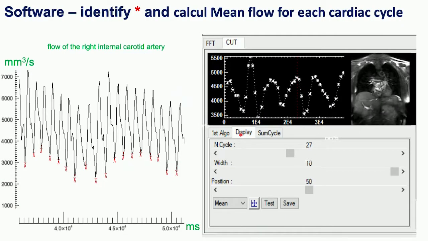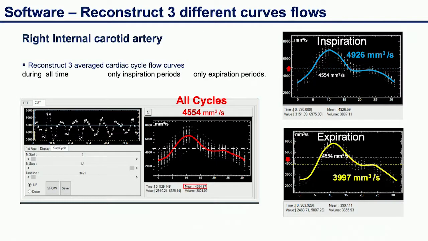Next step: because we have also recorded the breathing signal and the cardiac signal, it's very easy to segment each cardiac curve and reconstruct from each cardiac curve the curve for the inspiration period and also the curve for the expiration period.